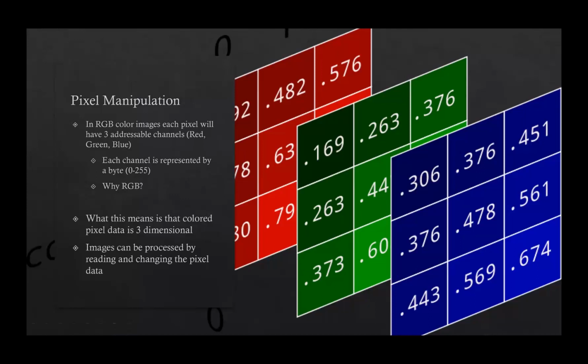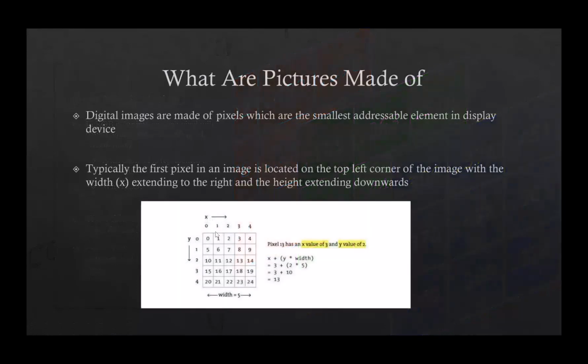And so what this means is that if an image is a matrix of pixels, it's actually a three-dimensional matrix. I want you to imagine, if we go back to this picture before, this is something called a two-dimensional matrix where it extends out in both X and Y. And this just represents the number of pixels themselves.